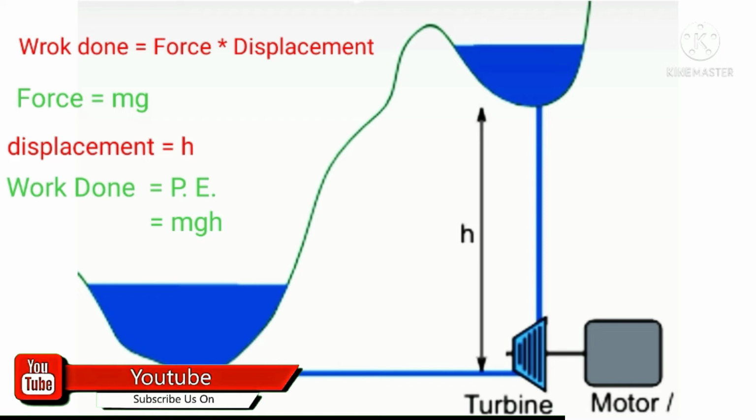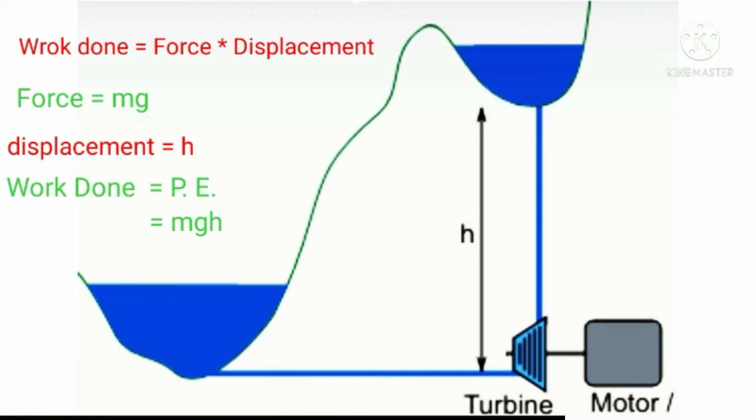Here the conservative force is the gravitational force due to earth, and the work we are doing against it is the motor's work. What is the electric motor doing? It is lifting water from the ground to some height, meaning the motor is doing work against the gravitational force. Therefore this work done will get stored into the potential energy.